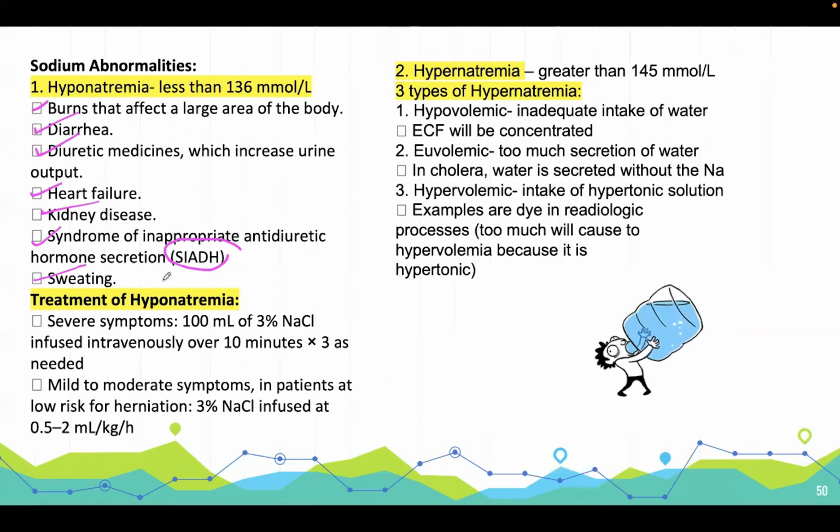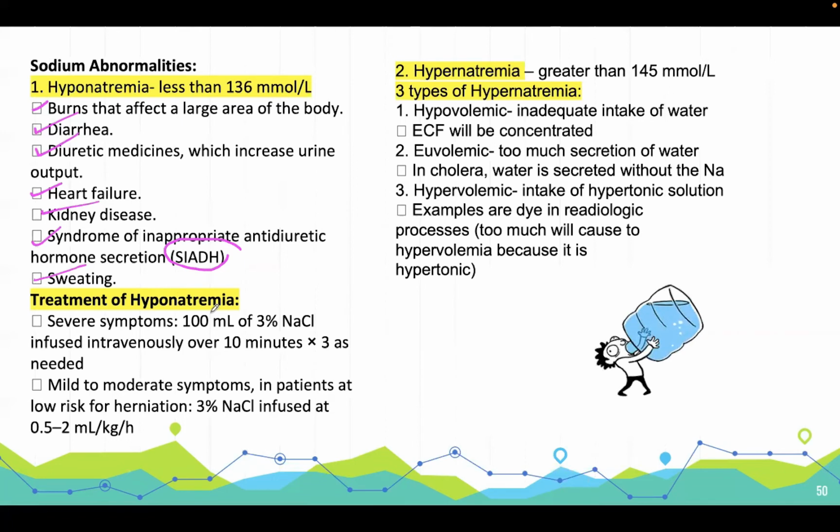So what are the treatments naman po for hyponatremia, Ma'am Trina? So for the severe symptoms, pwede na tayo mag-infuse intravenously. Ibig sabihin, ituturok na doon sa ating mga ugat. Okay? Meron pong 100 ml of 3% sodium chloride infused intravenously over 10 minutes, times 3 as needed. Para ka nang naka-dextrose ba, yung tawag sa hospital.